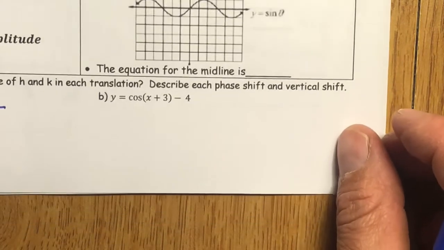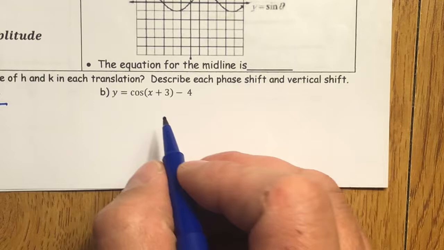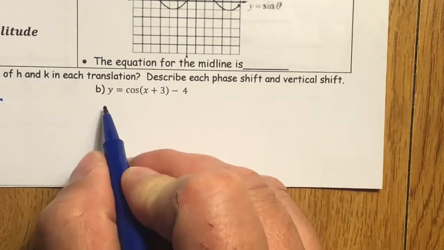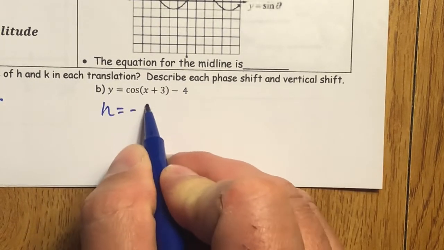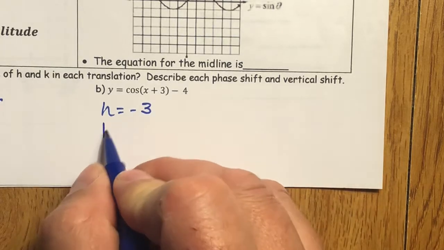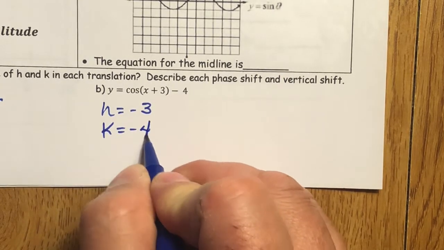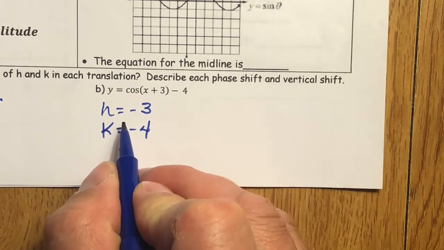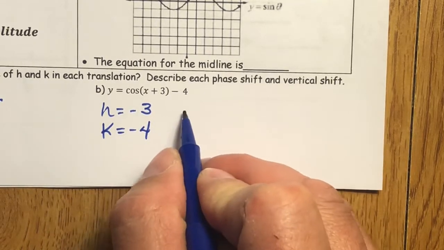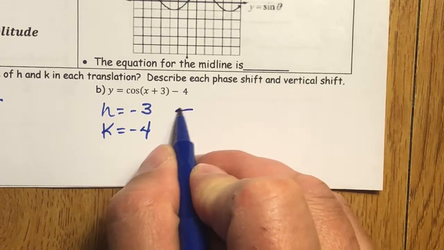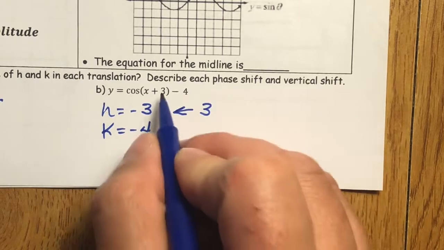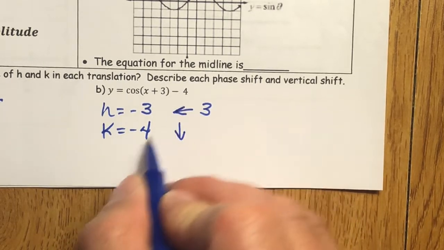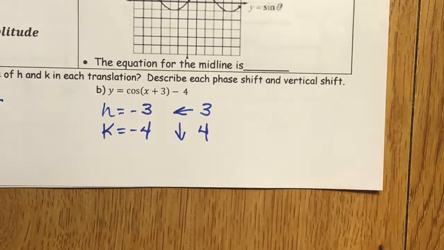Over here, example 1b, same thing. H, in this case, is a -3, and k is a -4. So for my phase shift, we are going to go left 3 units, and we are going to vertically shift this down 4 units.